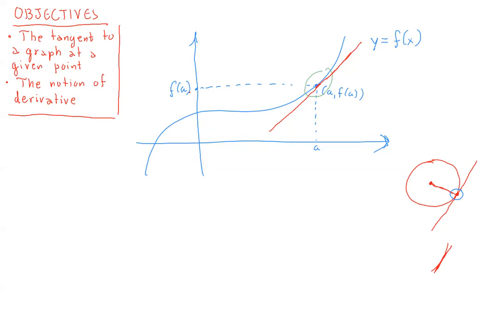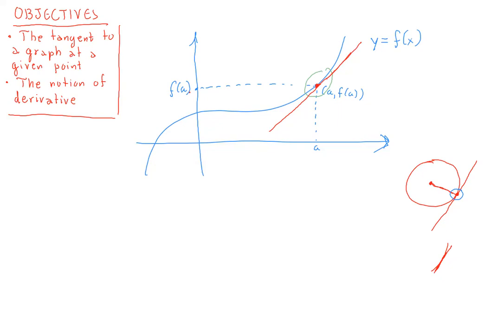Of course, there is a slight problem here. If you ask 10 people to draw what they think is the line that resembles the graph in the best possible way, you will most probably get 10 different answers. Okay, they're not going to coincide. But later on, we're going to see that there is a very precise way to actually identify the one line that does the job.